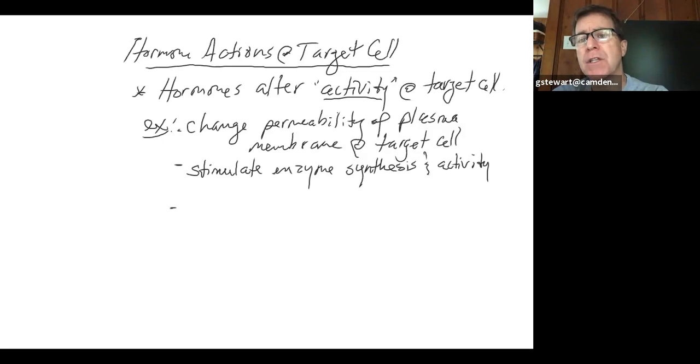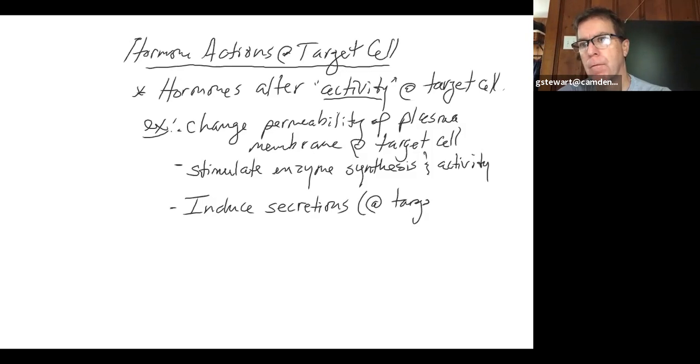When the hormone reaches the target cell and binds to it, that might, in quotes, turn on that enzyme to do something. Hormones can also induce secretions at that target cell. Might cause the target cell to secrete something, might even be secreting another hormone.